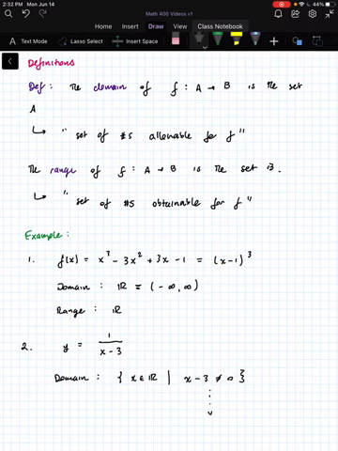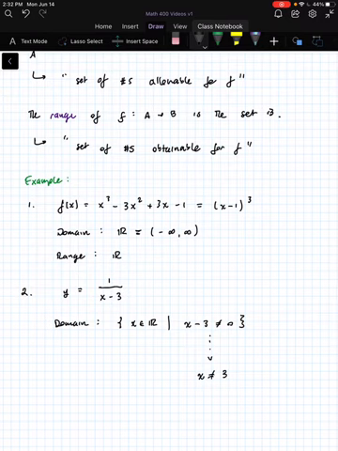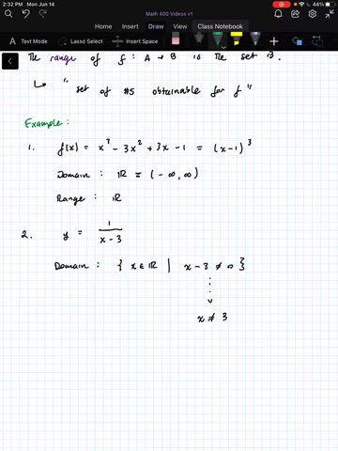And when that trickles down to what we actually want to say, we just can't let x be 3.